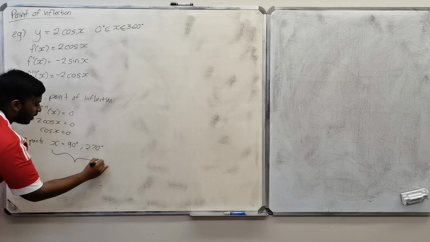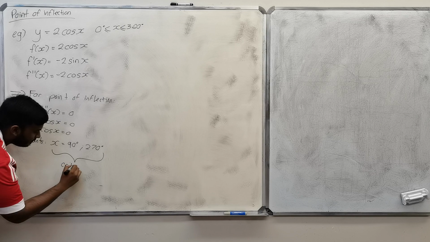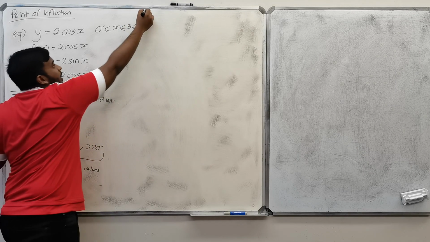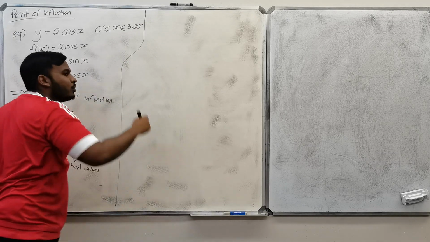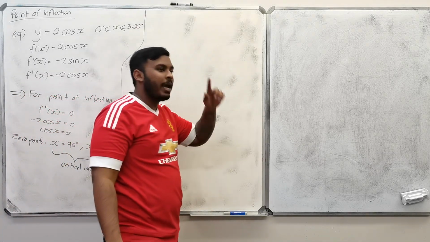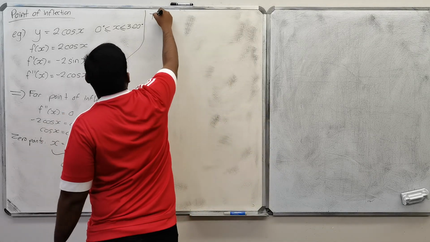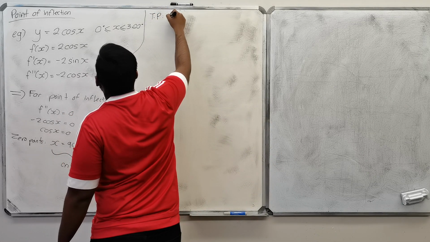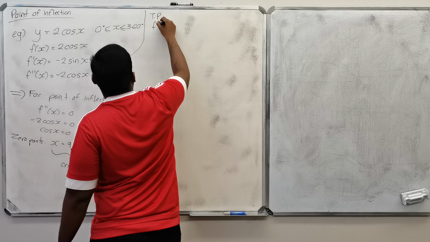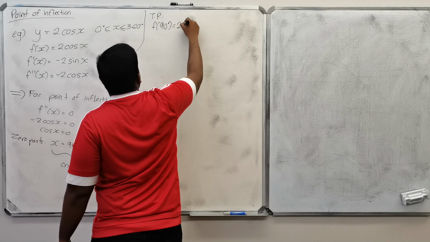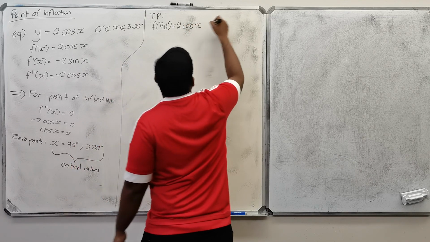These here are known as my what? Okay. Using my critical values, I substitute back into my original equation and I get my y values. So f of 90 is equal to 2 cos 90.